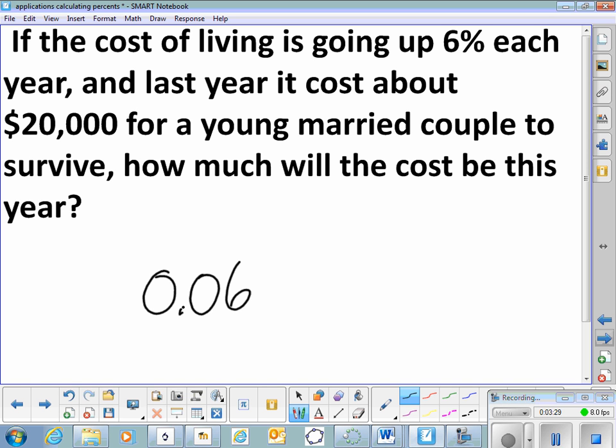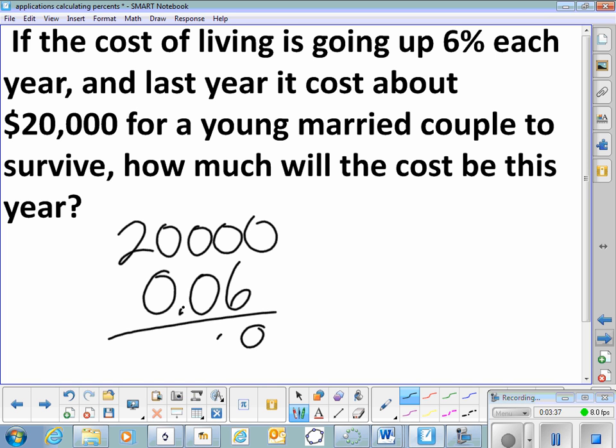And times 20,000. 6 times 2 is 12. 2 decimal places. So if the decimal is there, then I have 1,200 more.